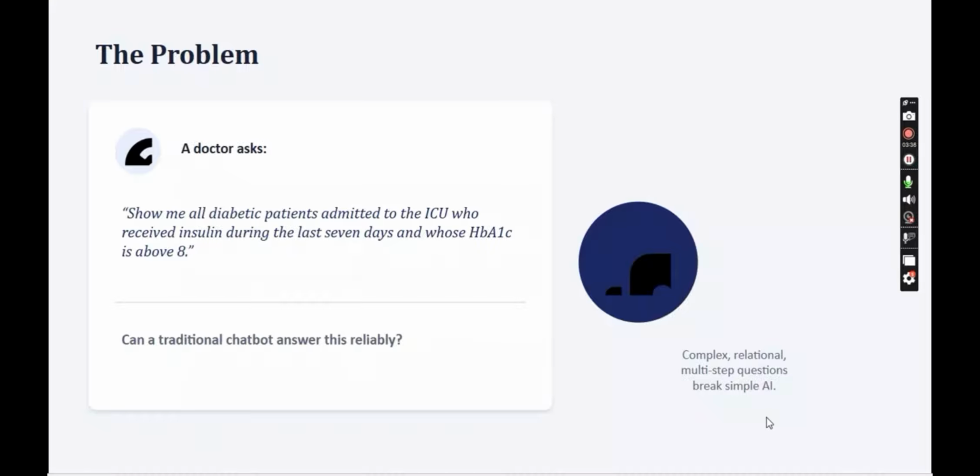Again, probably not. RAG works by retrieving documents. It searches chunks of text. It does not understand relationships. It cannot naturally reason over concepts like patient, admission, diagnosis, treatment, medication, laboratory, all these, right? These are relationships. Healthcare is fundamentally relational. The same challenge exists in other domains like finance, manufacturing, supply chain, cybersecurity, scientific research.